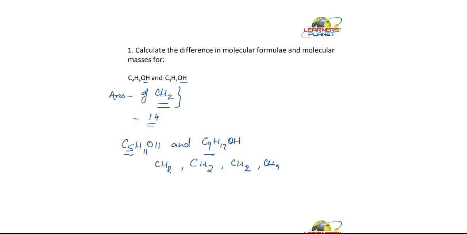How many hydrogens are there? So students, what is the difference between these? How many CH2s are there between them? 4. Now this formula should be C9H19OH.